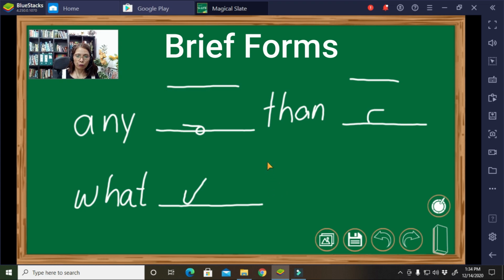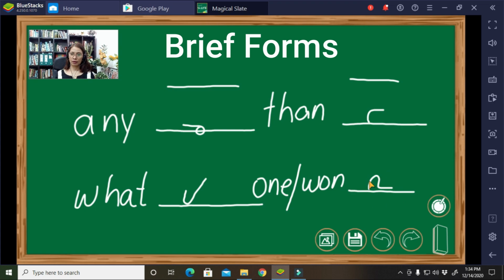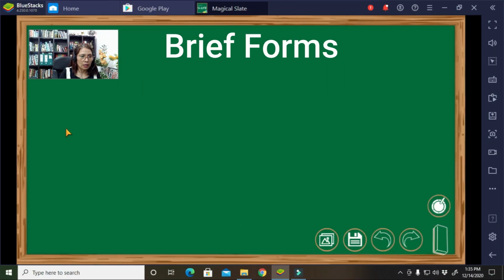Okay. For the word one, and one, it is represented by an upward deep hook and a short forward straight line. That is your letter N. This is now your one. Let's have another example.